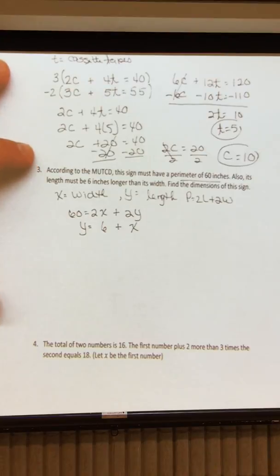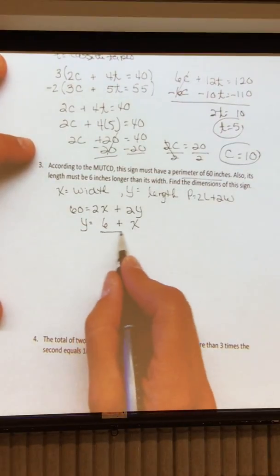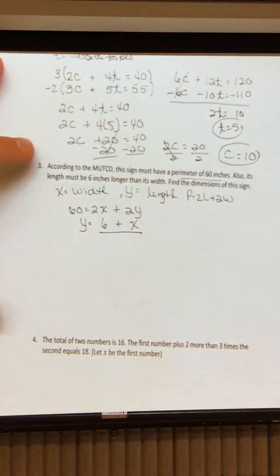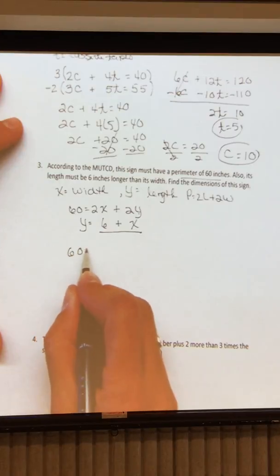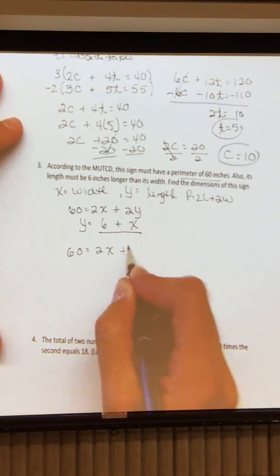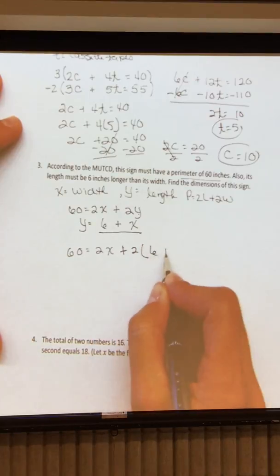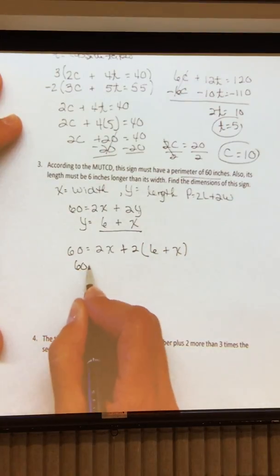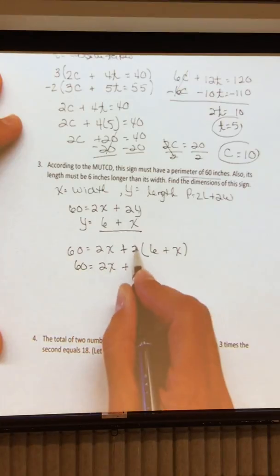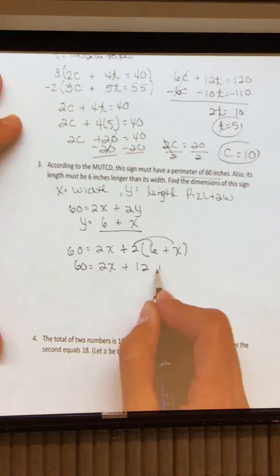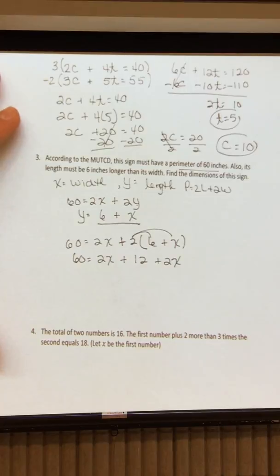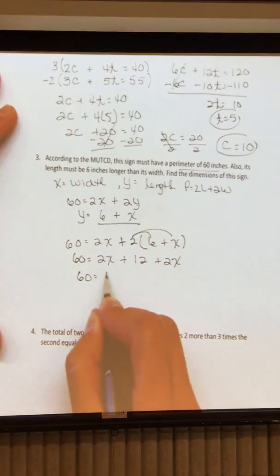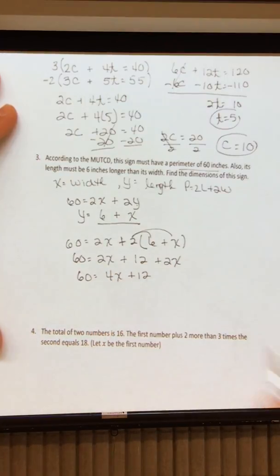And now let's use the substitution method. Let's substitute this equation into my y in my first equation. So we have 60 is equal to 2x plus 2 times y, and y is 6 plus x. So 60 is equal to 2x plus 12 plus 2x. Therefore, let us combine like terms. 60 is equal to 4x plus 12.